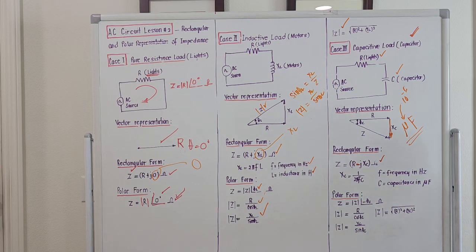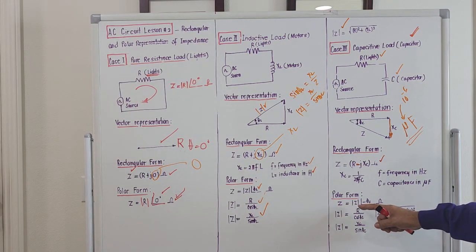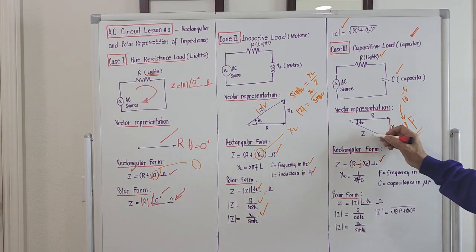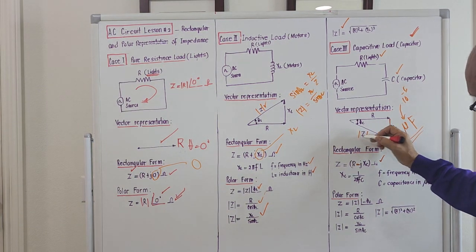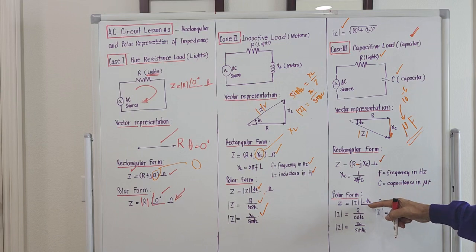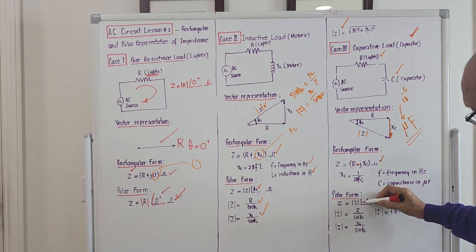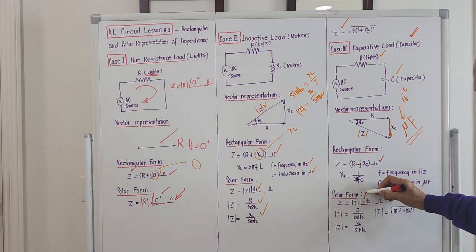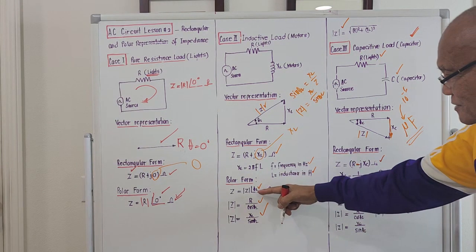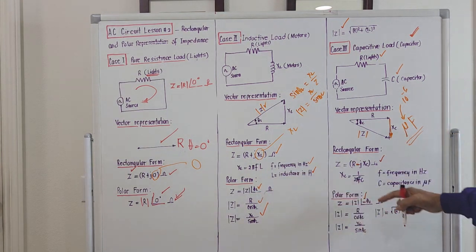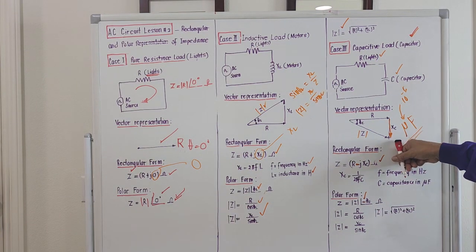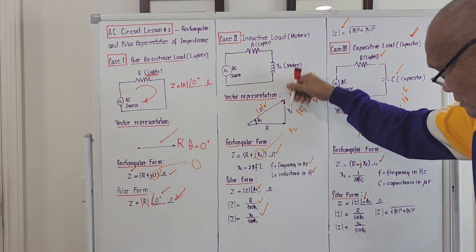For the polar form, the impedance will be the absolute value of Z, the absolute value of the hypotenuse, angle minus theta C. This is minus. On the inductive load, this is plus. This is minus because this is downward, and this is plus because this is upward.